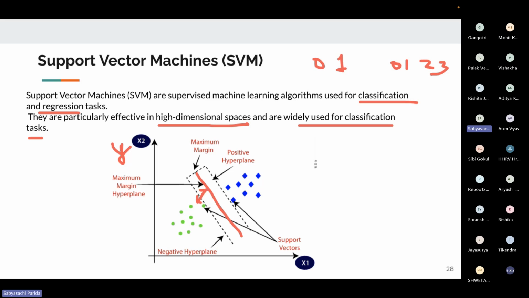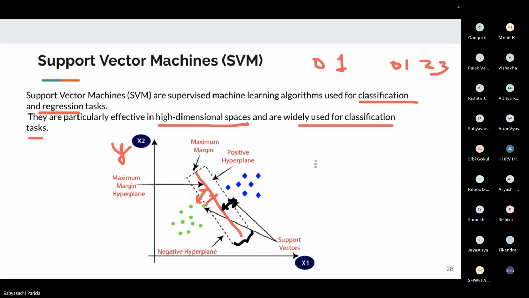The distance between the last green dot and the plane needs to be the highest, and similarly the distance between the last blue dot and my plane needs to be the highest. My overall objective is to find this plane so that the distance from this green dot to the plane and from this blue box to the plane is the highest.